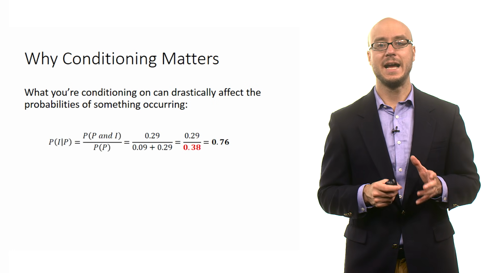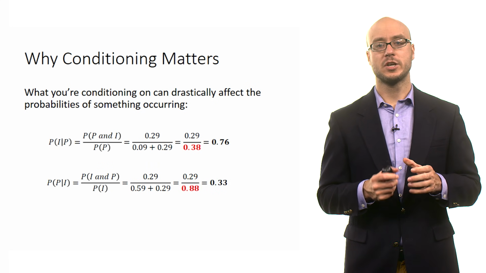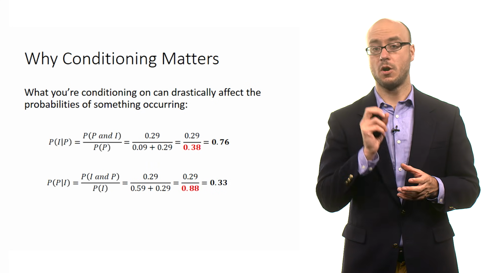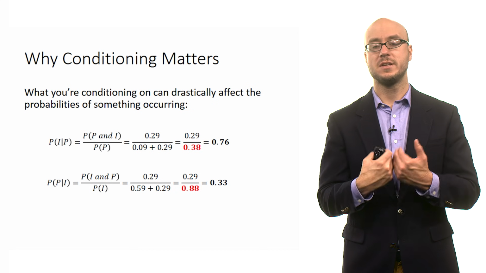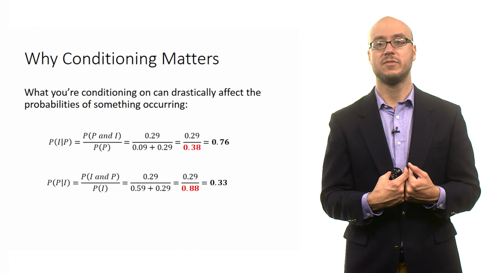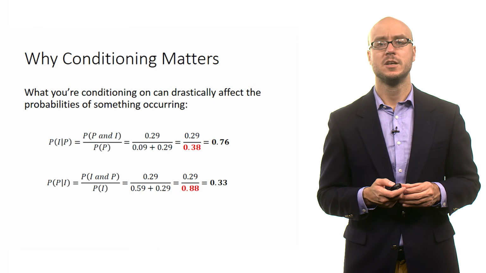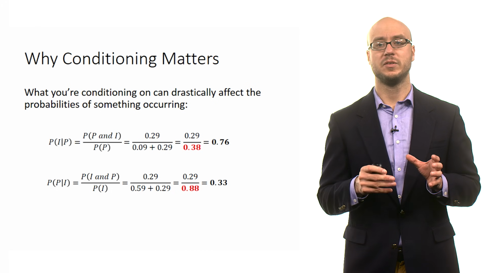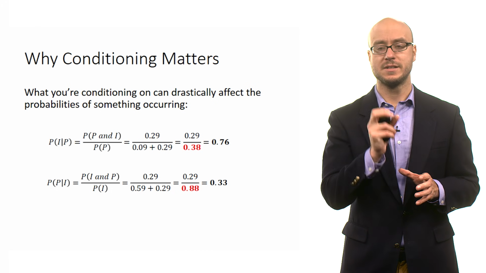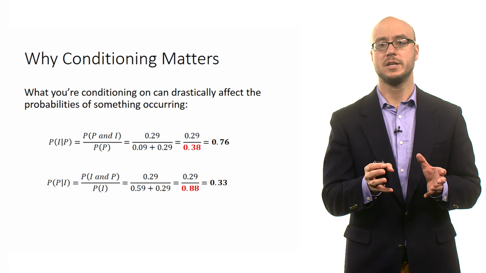So here's the probability of I given P, and here's the probability of P given I. You can see that the joint probabilities are in fact the same, but the denominators are different. The probability we're conditioning on is different, and that affects the conditional probability that we calculate. For the probability of I given P, we're conditioning on the probability of being poor, which is only 38% of the population.